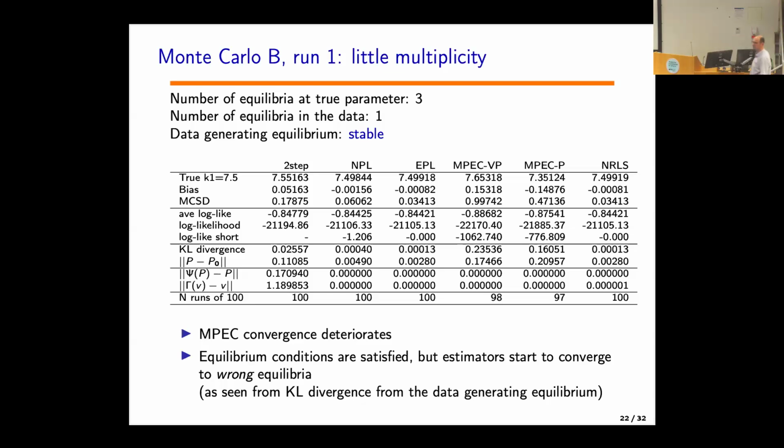So we have picked only three equilibria at the true parameters, and then we pick one of them, and this one is a stable equilibrium. We're picking a stable equilibrium because all these iterative algorithms like EPL and NPL are going to have a hard time finding that. So we're taking that.